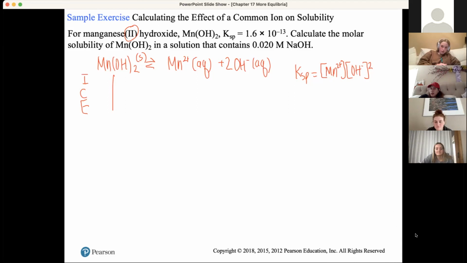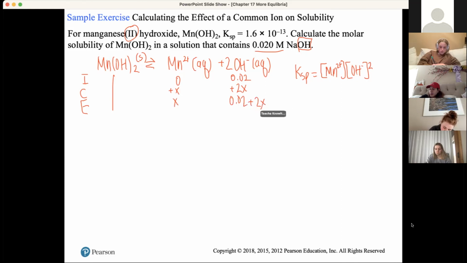What is it for manganese initially? Show me with your fingers. Okay, cool, 0. And then hydroxide is right here, so it's 0.02 molar because I'm bringing in hydroxide. Then I'm going to do plus x, plus 2x: x, and 0.02 plus 2x.